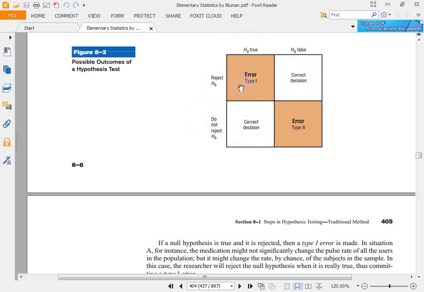So a type 1 error means the null hypothesis is true, but my statistical processing states that it should be rejected. And when it is false but I am accepting it, not rejecting it, that is a type 2 error. Two types of errors may happen in statistical analysis.